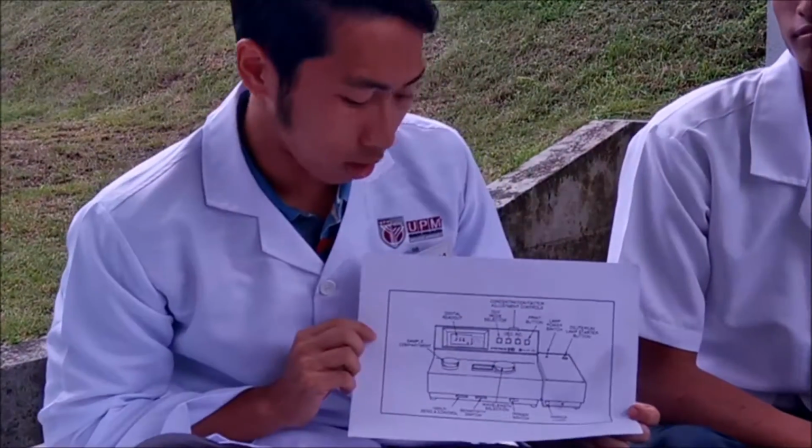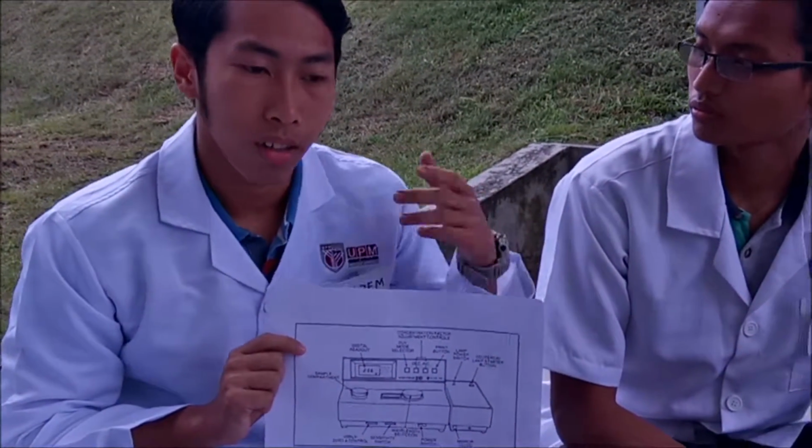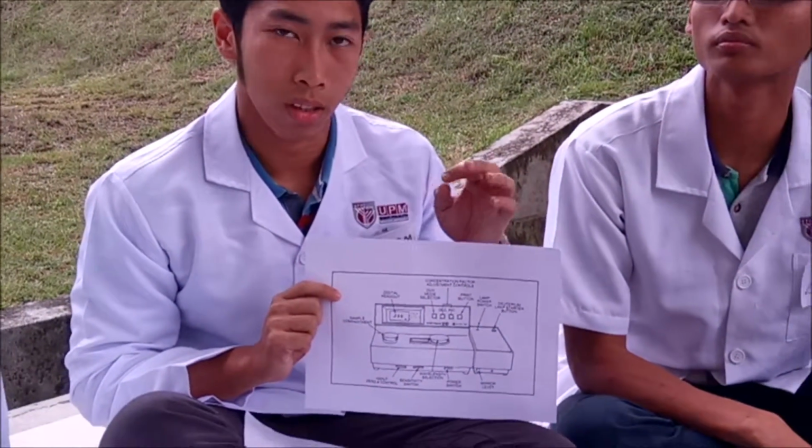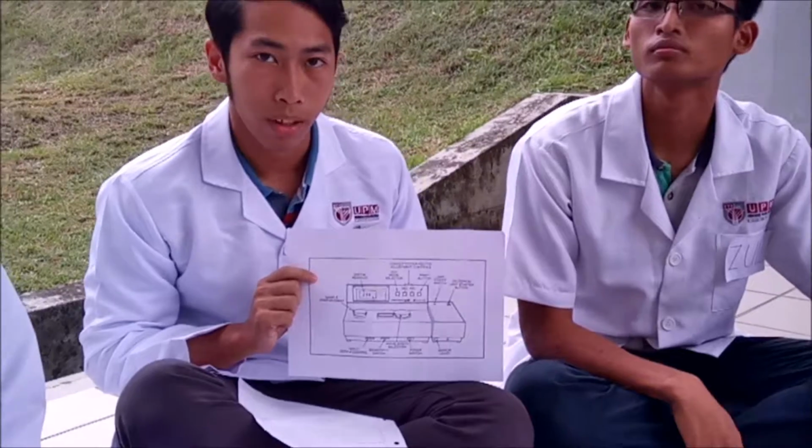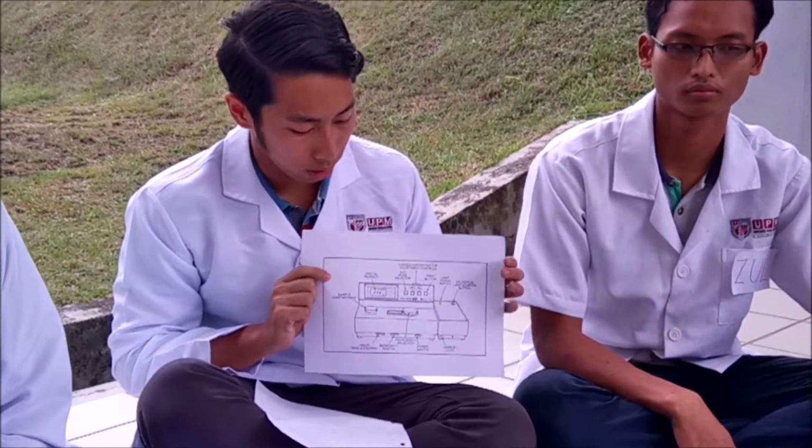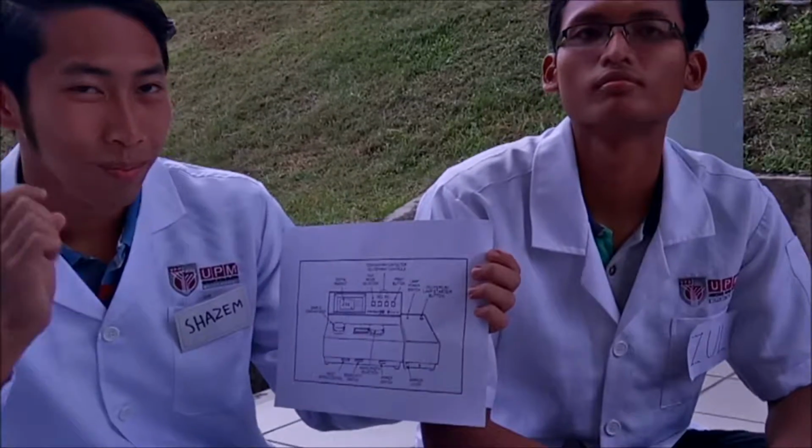The second is the digital readout. The digital readout will show the result of the experiment. Low absorption will show a low reading, while high absorption of the light will show a high reading on the digital readout. The third is the UV mode selector. As you know, the spectrophotometer has two modes: the UV-visible spectrophotometer and the IR spectrophotometer.